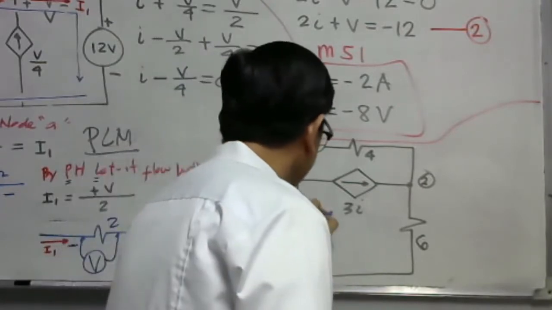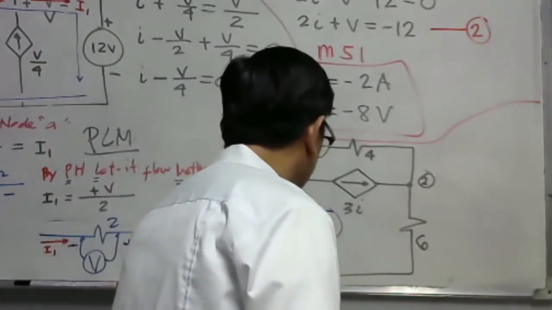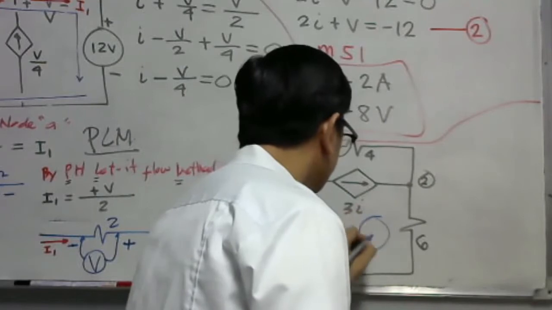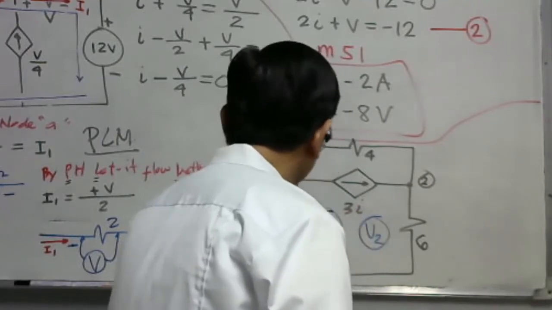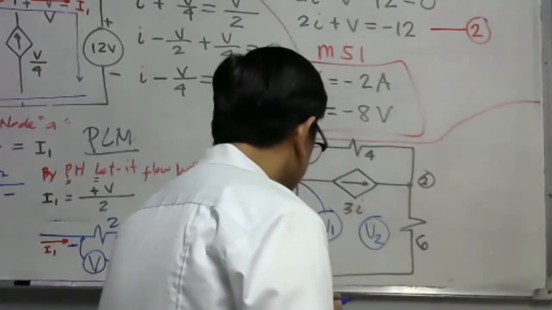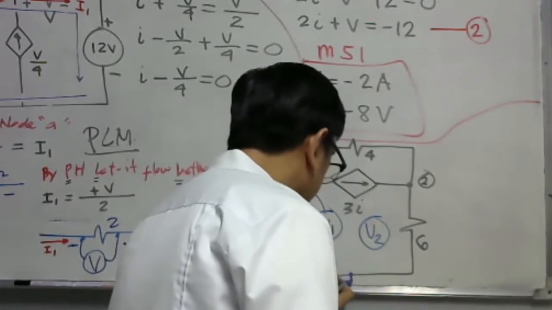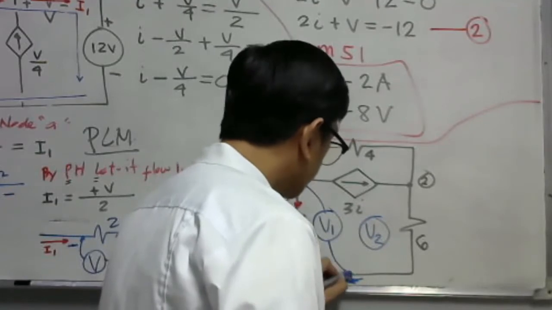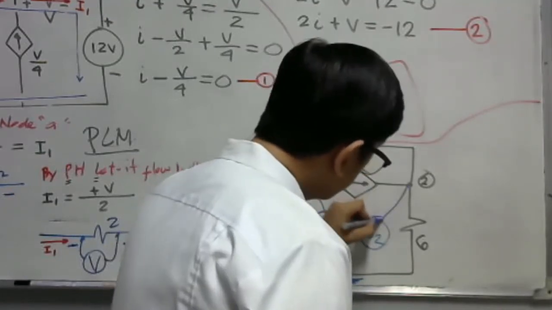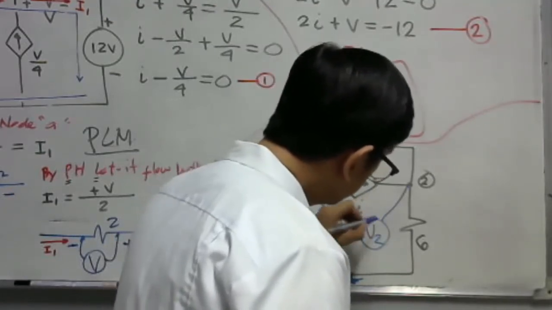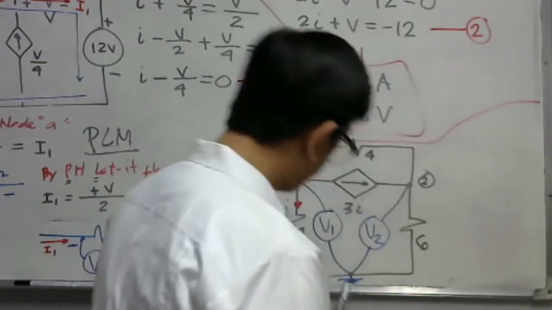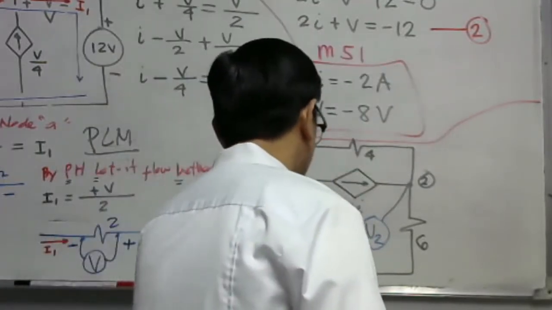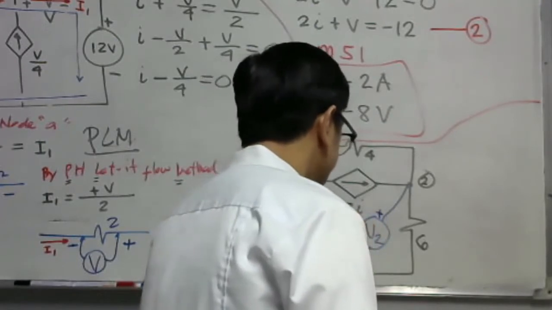Let's say we have our voltmeter 1 and our voltmeter 2 here. Let's say this is our ground terminal. This is our ground. We have a voltmeter here, so we have plus, minus, plus, minus.